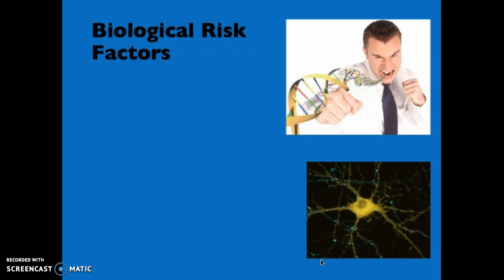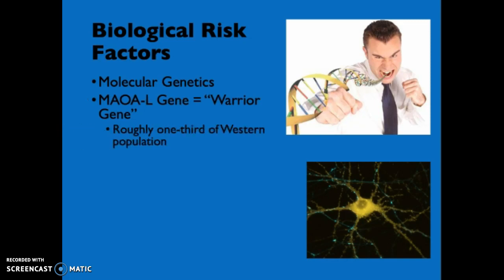Okay, so here we have talk of our warrior gene. Everybody has a version of the MAOA gene, but this one is version L, or the warrior gene. And this is the one that the video talked about having particular ties to that aggressive behavior.